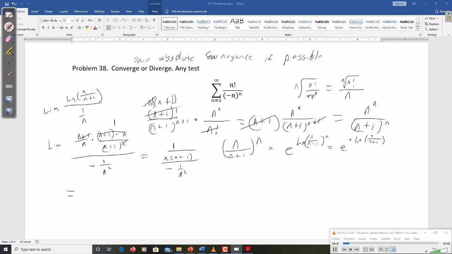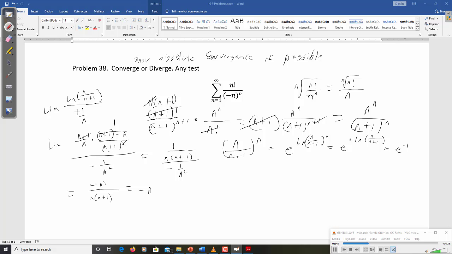Which would go to negative n squared over n times n plus 1, which would actually go to negative 1. So then this goes to e to the negative 1. Let's see if that's right. 1 over this times its derivative, so bottom times derivative of the top minus top times derivative of the bottom, with bottom squared. Plus 1 went away.